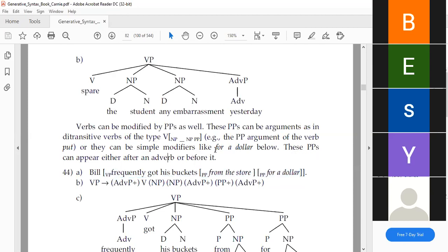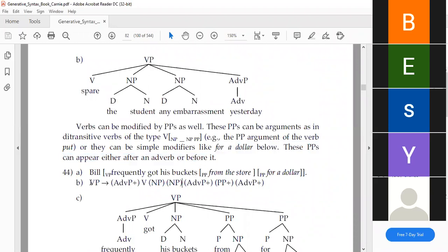But remember, the PP is more flexible than the NP. The PP can be before or after the verb, the adverb. So these PPs can appear either, you see the word either, after an adverb or before it.